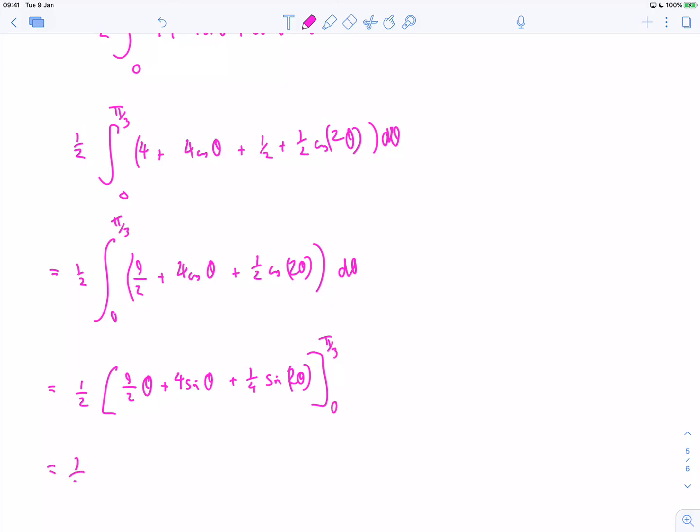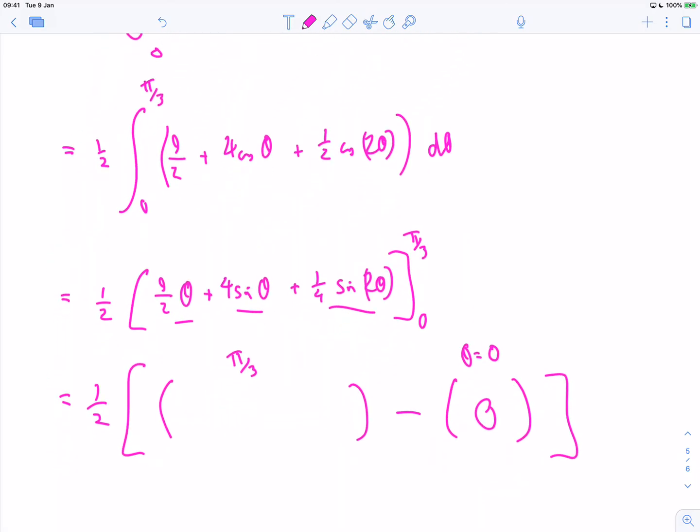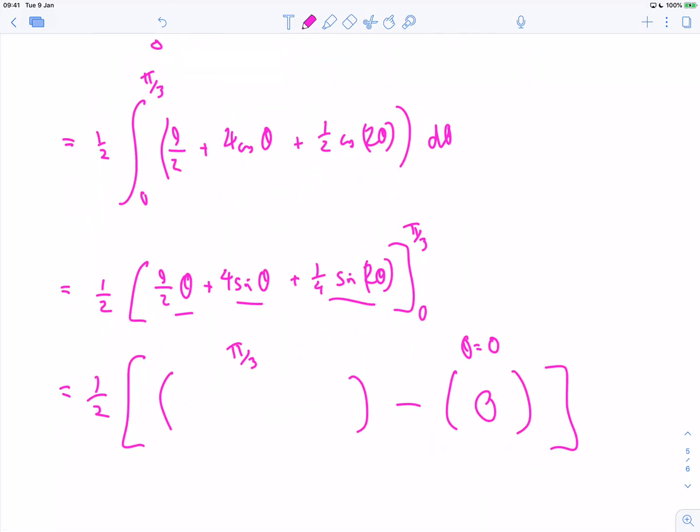So this is going to be a half of sub in pi over 3 minus, and then when I sub in theta is 0, because this is a theta, this is sine theta, and sine of 2 theta, this is just going to be a 0 as well, so that's relatively easy. So 9 halves of pi thirds, well 9 divided by 3 is 3, so this is going to be 3 halves of pi.